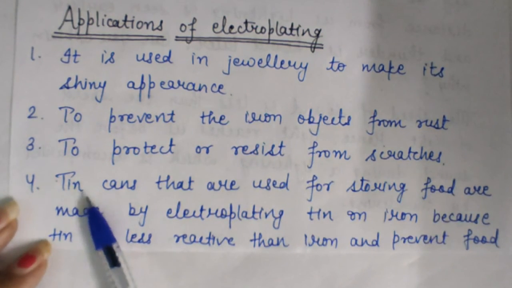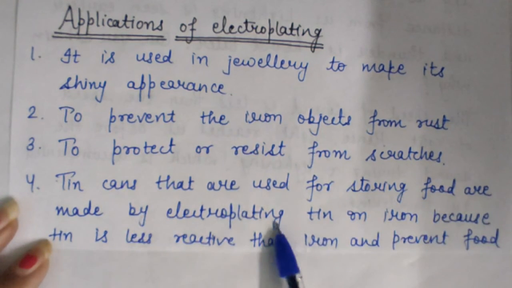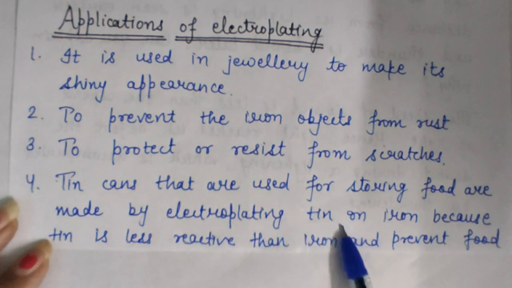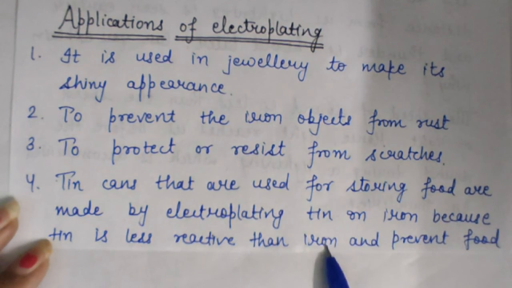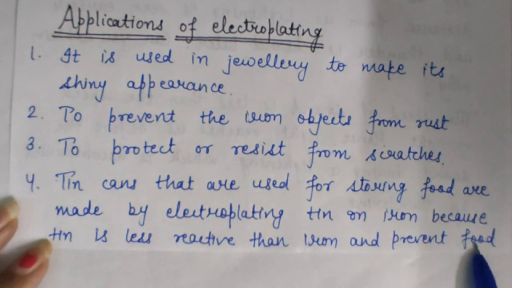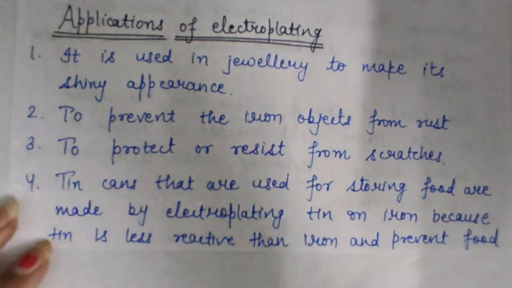Last is tin cans that are used for storing food, which are made by electroplating tin on iron because tin is less reactive than iron and prevents food from getting spoiled. So these are the various uses of electroplating.